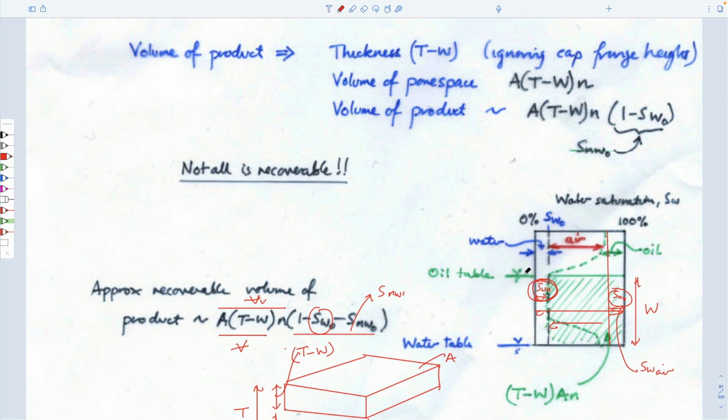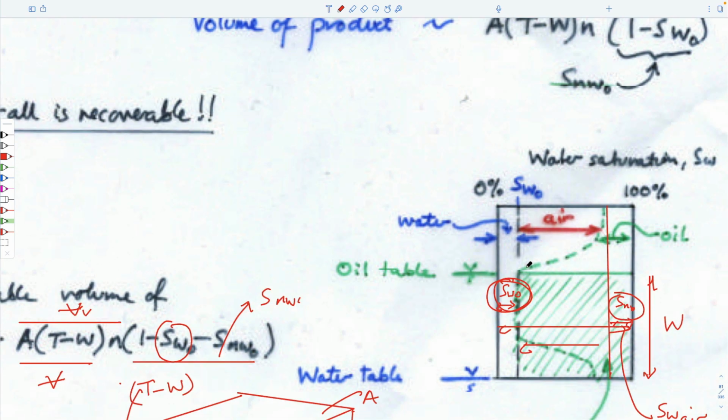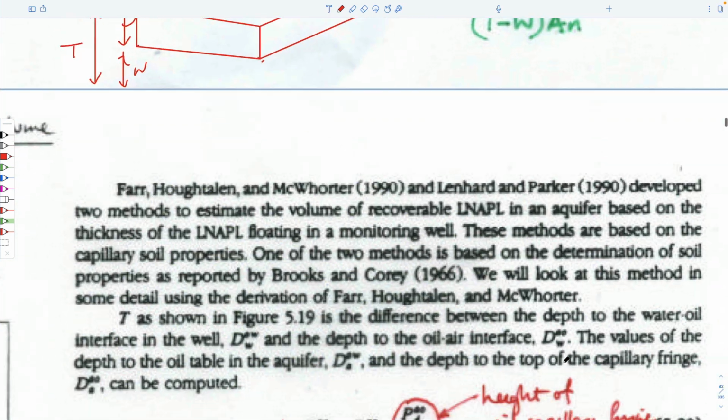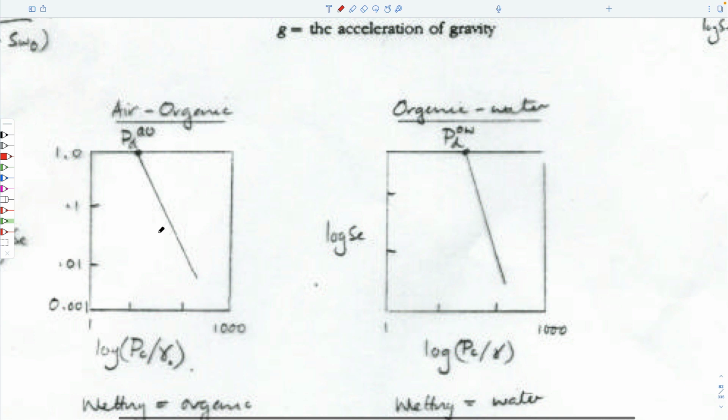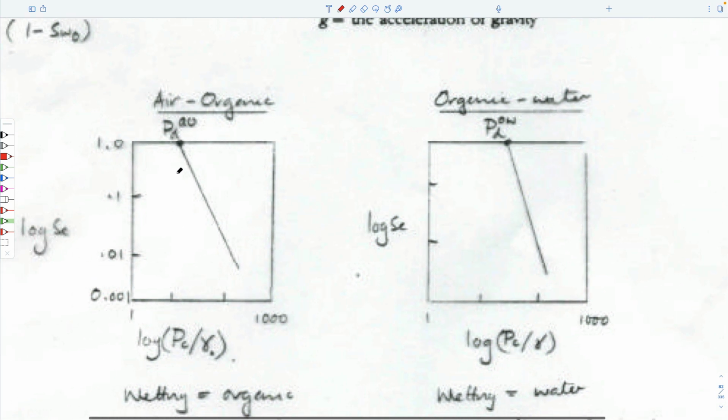These graphs that we talked about all relate to the capillary pressure versus saturation curves. So if we wanted to do something much more complicated, which we won't do, we could imagine taking the capillary pressure versus saturation curves that we developed before. Remember, we used this Brooks-Corey idea that we could take logs of the pressures and logs of the effective saturations, and reduce these curves to straight lines in log-log space.